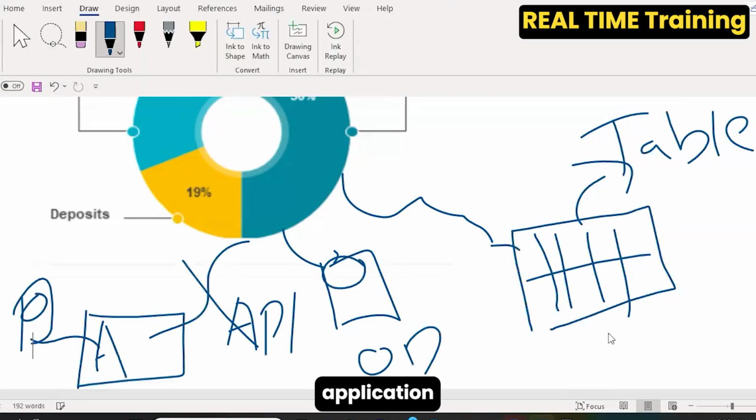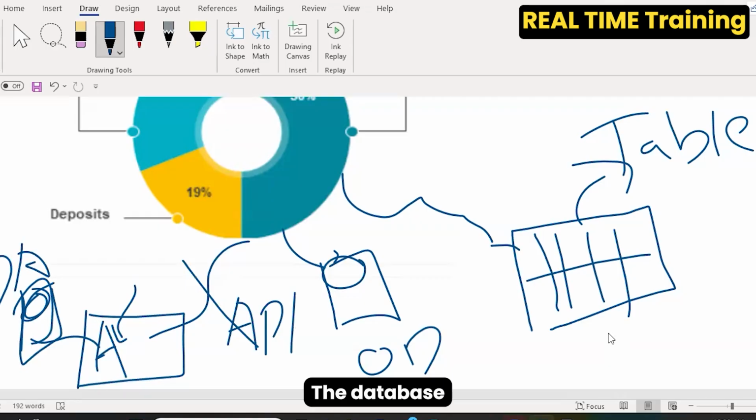I'll put A for application here, and this is the database for that application, so I'll put DA. It's coming from an external application. The database is from an external application, meaning you're working for Wells Fargo and it is coming from US Bank. Or a better example would be the visualization shown in Skyscanner or Make My Trip, where the data is coming from Indian Airlines.